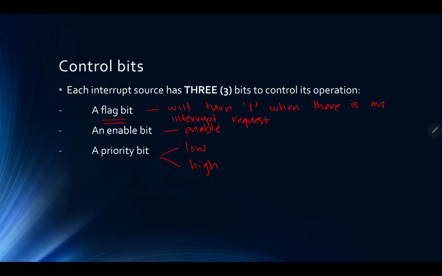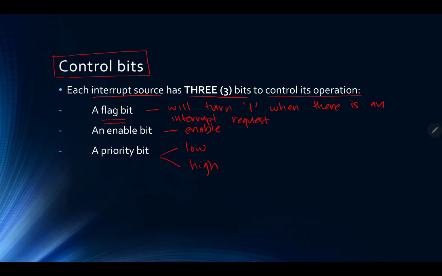Just now I mentioned the interrupt source. For each interrupt source, we have what we call control bits. There are a total of 3 control bits that you need to configure to control its operation. All these things are very important.